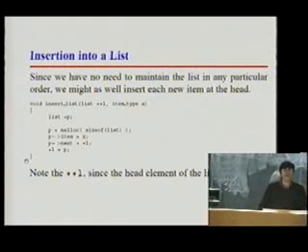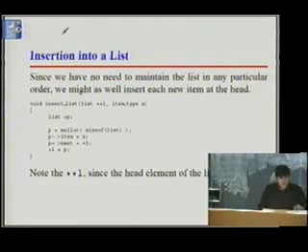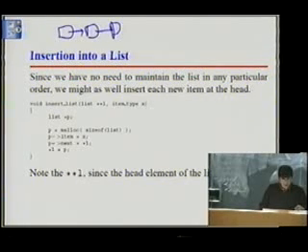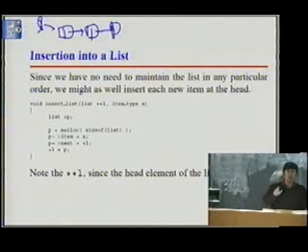What's another example of something you might want to do with a linked list? Suppose we have a linked list here. And let's say that L points to that linked list. Suppose we want to insert another item into it. How would we go about logically inserting another item into it?